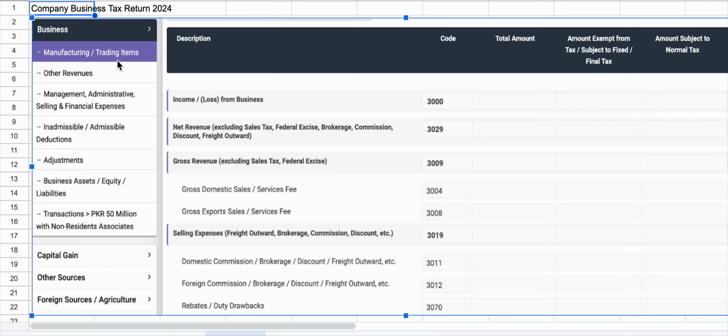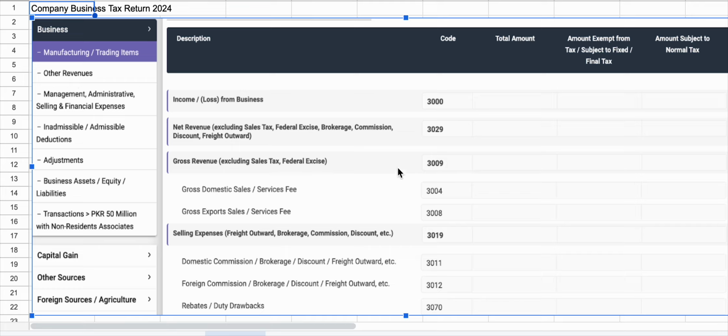And if you are doing trading, meaning you have stock, still you fill this tab. And even if you are a service provider, you will be filling this tab. But if you have other types of revenues, which we will see most probably in part 3 or part 4, then you will have to fill your sales data in other revenues.